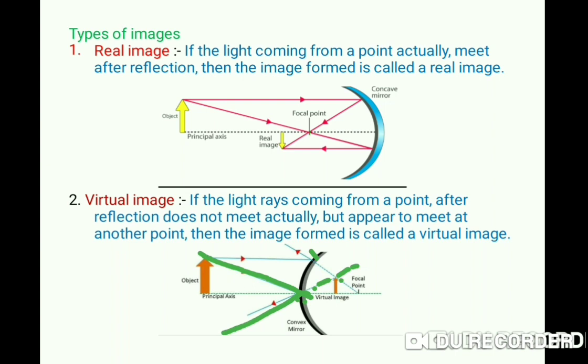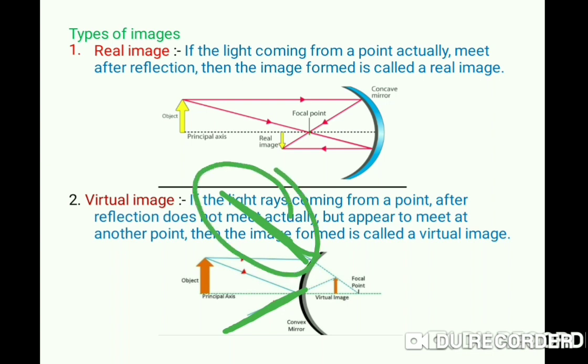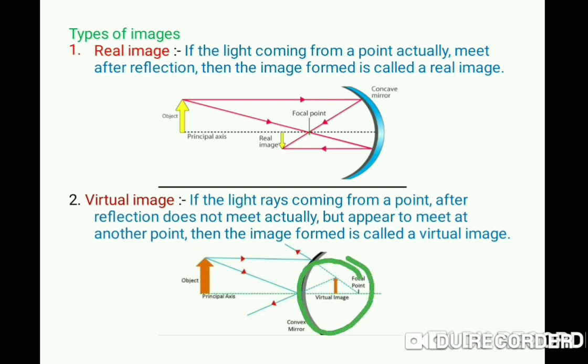Then these two rays will intersect, but the rays after reflection go in that manner. So it seems that these two rays come from that point. So they appear to meet at another point. That's why the image is said to be a virtual image, because these rays do not actually meet.